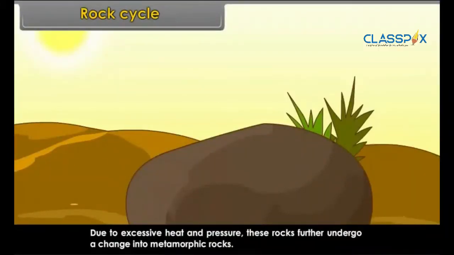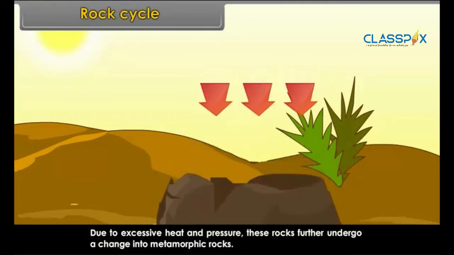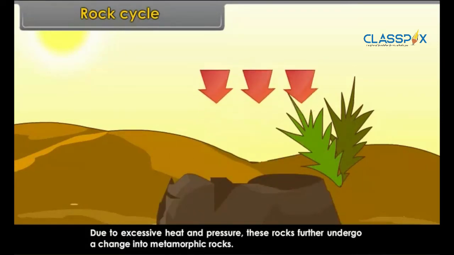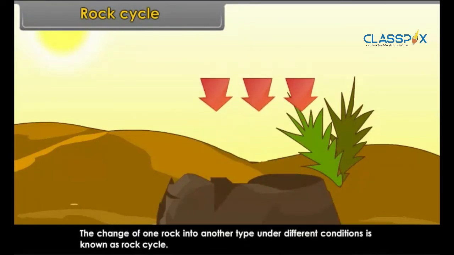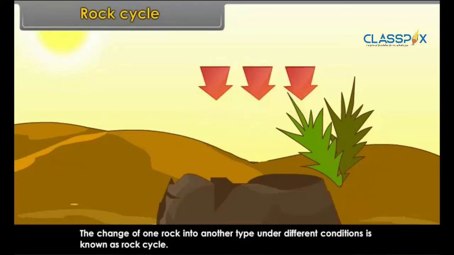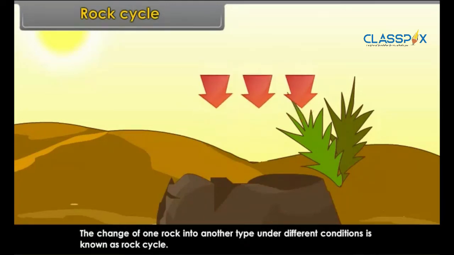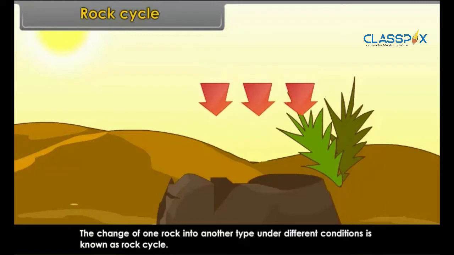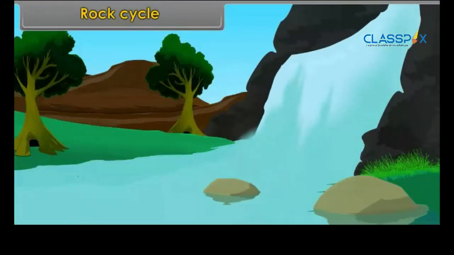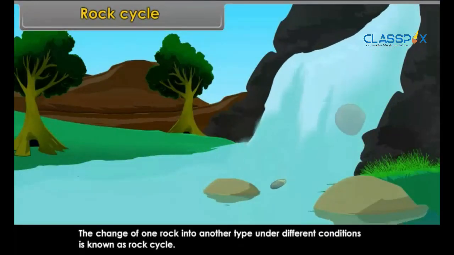Due to excessive heat and pressure, these rocks further undergo a change into metamorphic rocks. The change of one rock into another type under different conditions is known as the rock cycle.